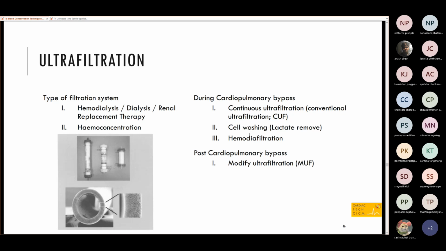We're gonna learn about cell washing, or how we use ultrafiltration and washing at the same time. Okay. And hemodiafiltration, that means we use dialysis at the same time as the filtration. And of course, with CPB, we can do modified ultrafiltration after the CPB.